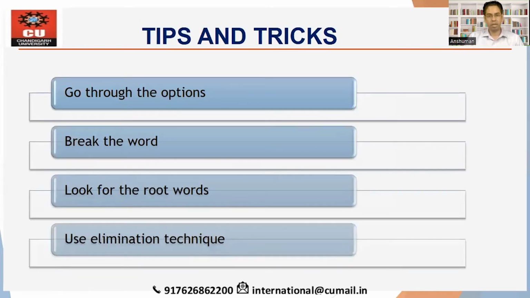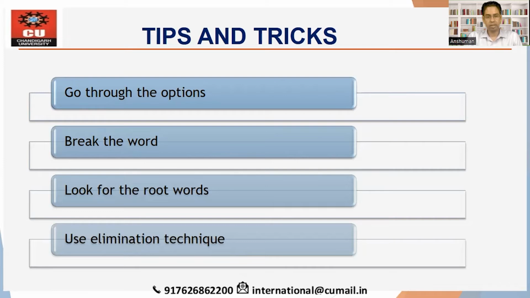First of all, let us understand the tips and tricks to solve questions based on synonyms and antonyms. Go through the options. In most competitive exams, the best part is that you will have some options written.